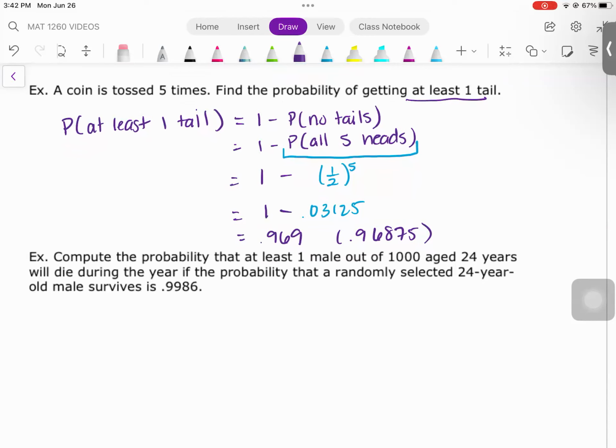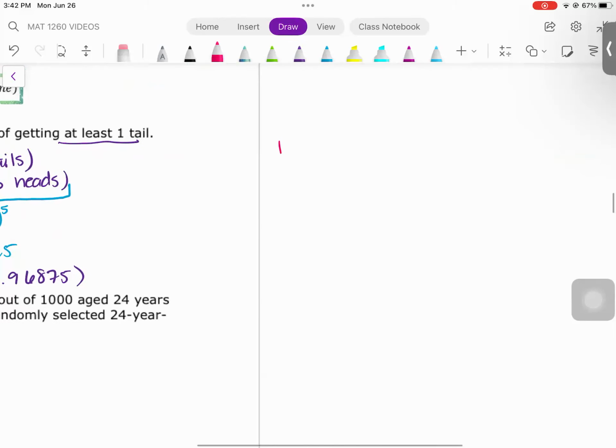Now, the reason the complement rule is really handy is because we could think about this in another way. I'm going to illustrate, at least just a preview of it, to really get you to buy into the importance of this formula. We want the probability of at least one tail.